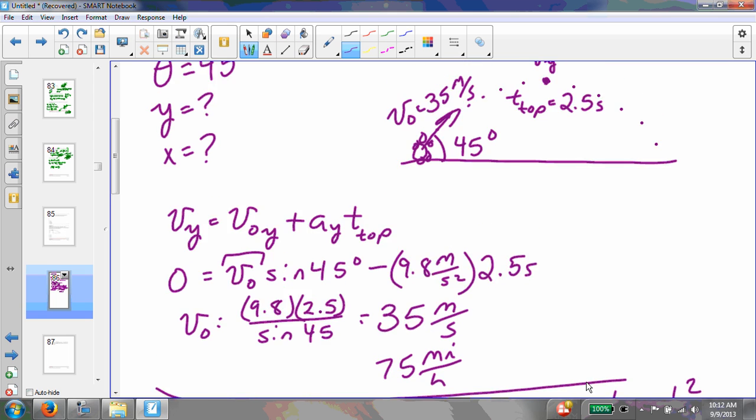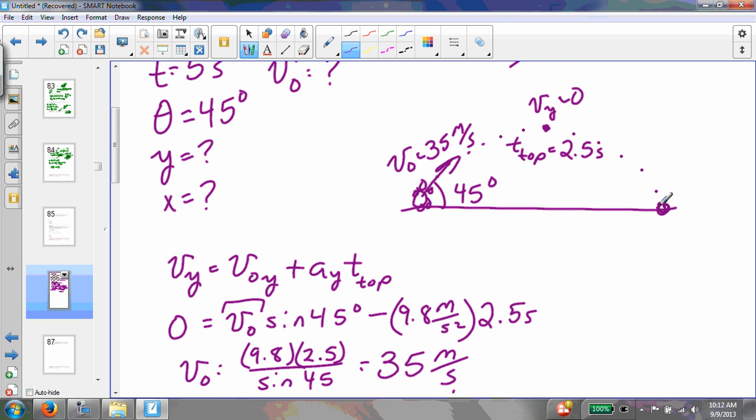So the speed when he gets here is going to be 35 meters per second. The x component of the velocity will be the same. The y component of the velocity will be the same in magnitude, just opposite in direction.